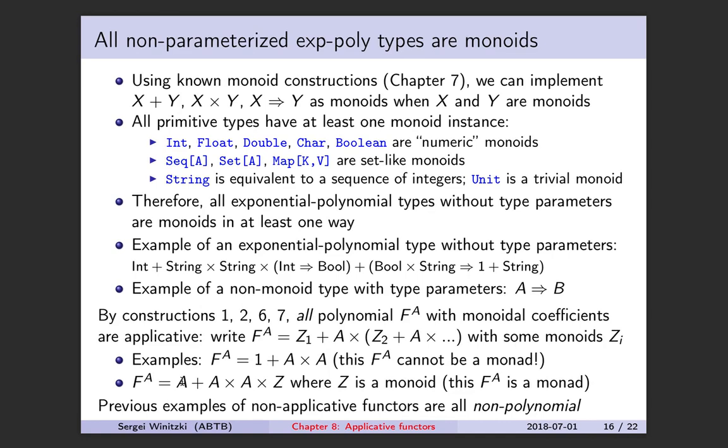It's very easy to drop in something like this and say, oh, this is not monoidal, and if I have a coefficient like this, then obviously I don't have applicative functors. So that certainly would be an example: a polynomial functor with non-monoidal coefficients. Not very interesting, perhaps, but still, it's a valid example.